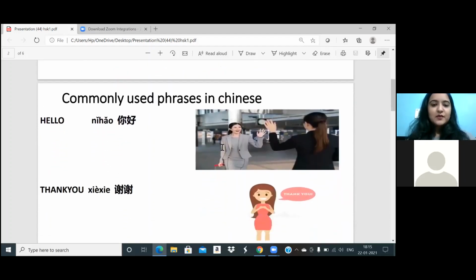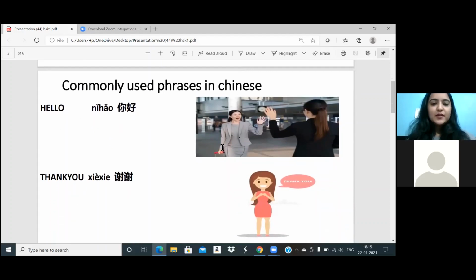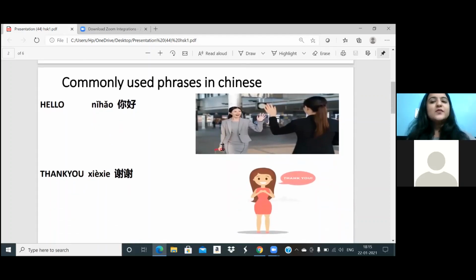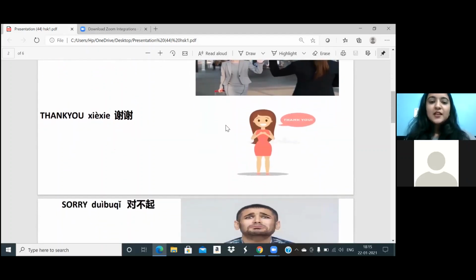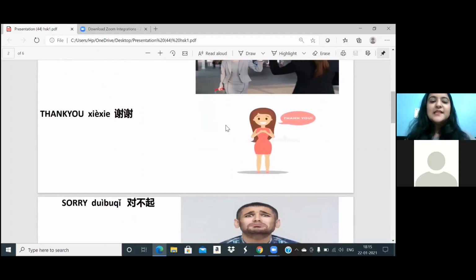Okay, so now I'm going to explain to you some commonly used phrases in Chinese. Hello in Chinese is spoken as ni hao. Thank you in Chinese is 谢谢.